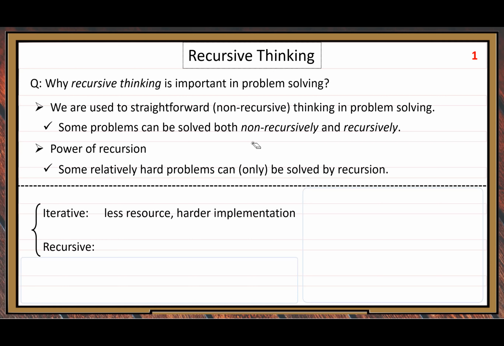Usually your computer memory uses fewer resources than the recursive version. The disadvantage of the iterative implementation is that it is usually very complicated. You need to write much more code, and not just code, the logic is much more complicated.